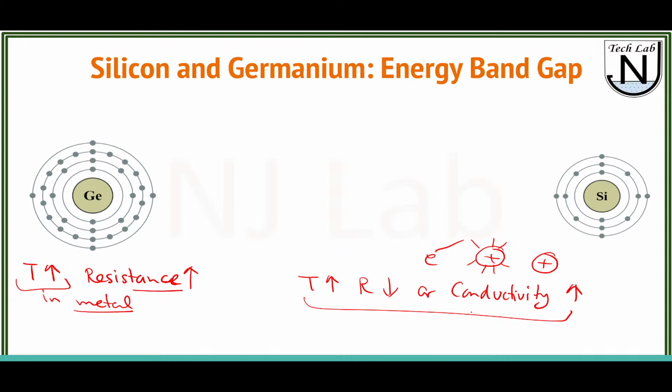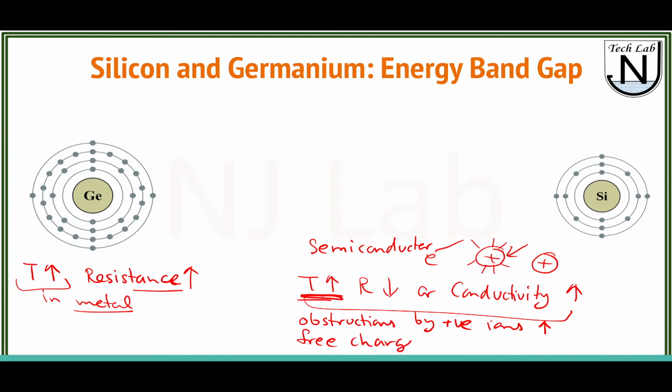But in case of the semiconductor, with the increase in temperature, these vibrations, the obstruction by positive ions, increases, but at the same time, free charges, as we discussed in the previous slide, are going to increase, right?